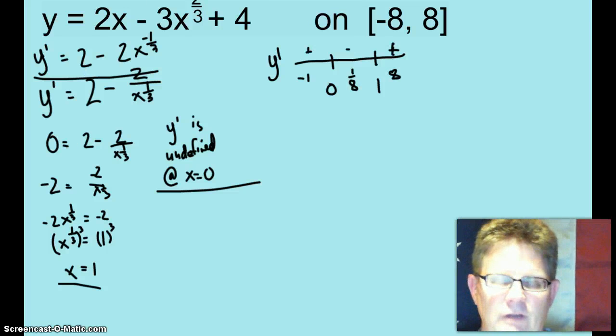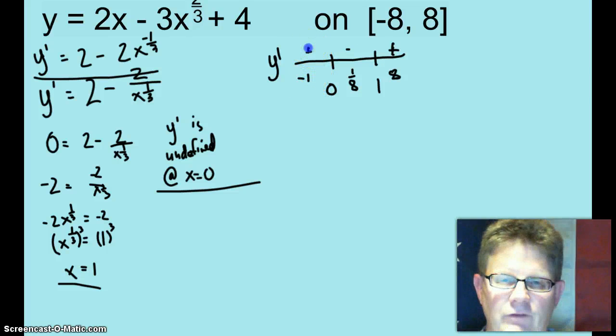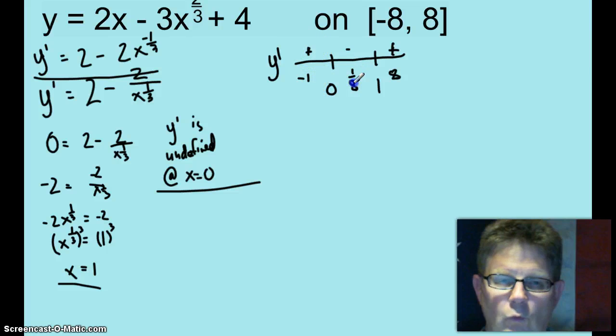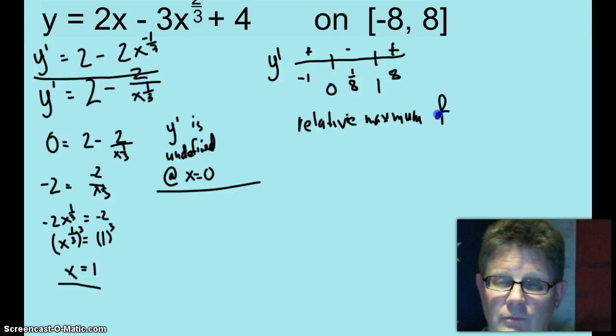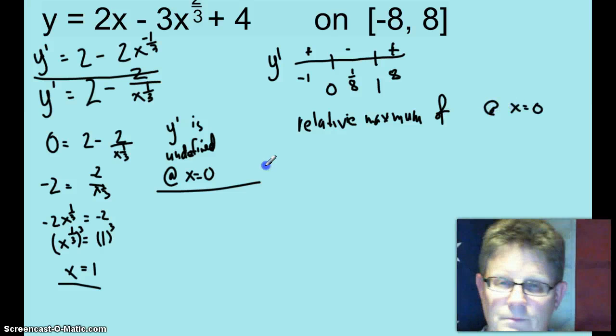Alright, as I've done that, you can see I put in a value -1 and got a positive value for y prime. I put in 1/8 because I needed a nice cube so that I could figure out the cube root. That ends up being negative, so we have a relative maximum, we'll have to evaluate that, at x equals 0.